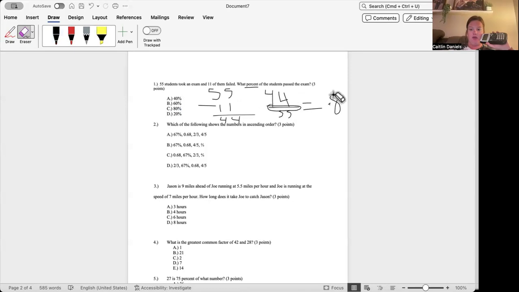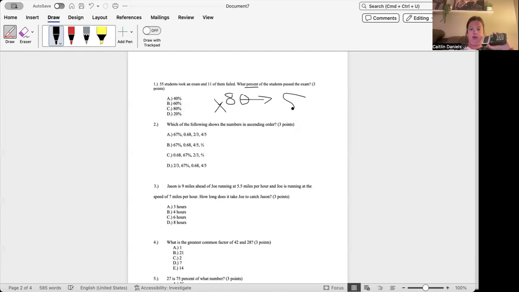Here's my eraser. Let me go ahead and erase that. All right, if we have 0.8, we want to convert it to a percent, so we're going to take away Mr. Decimal there and add a 0.